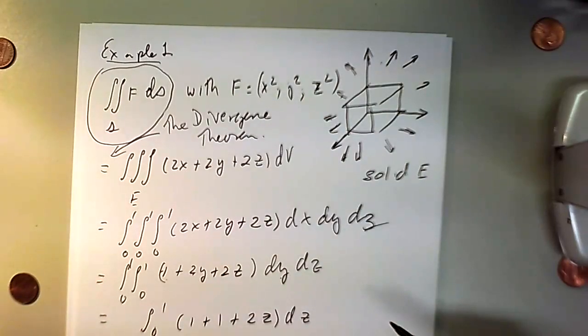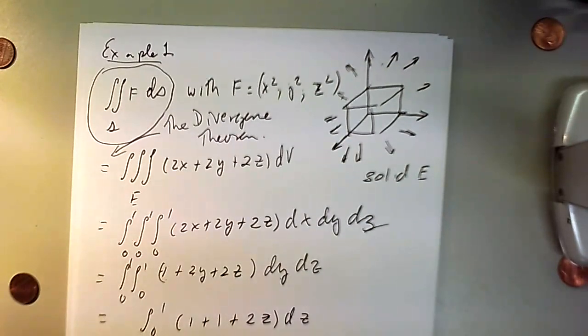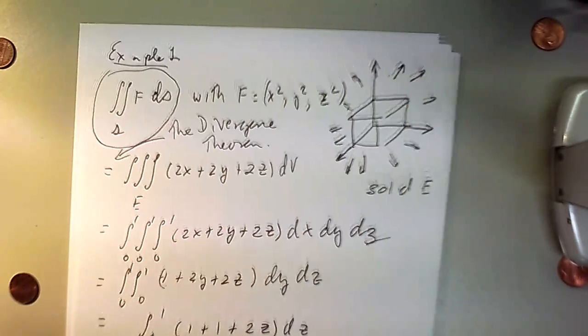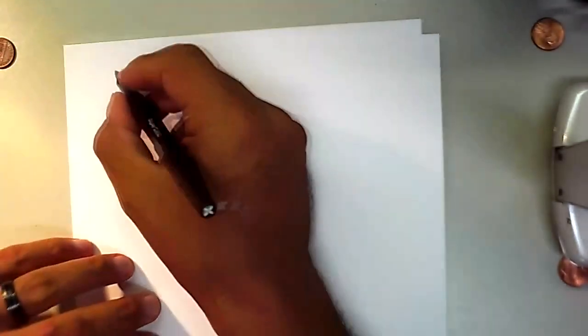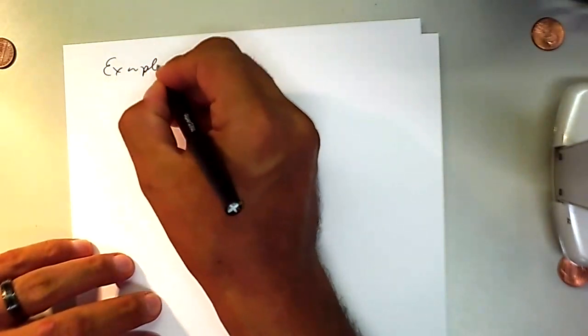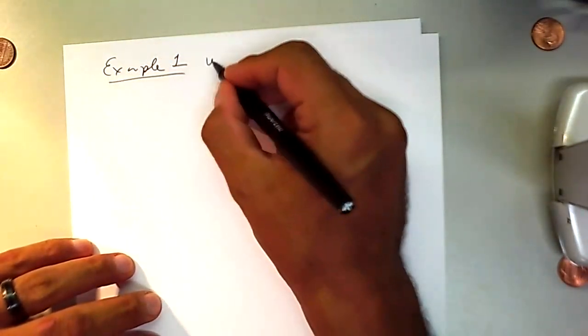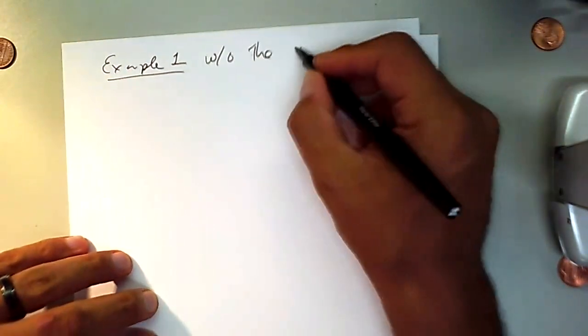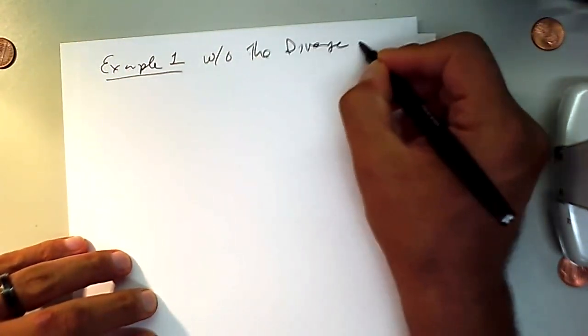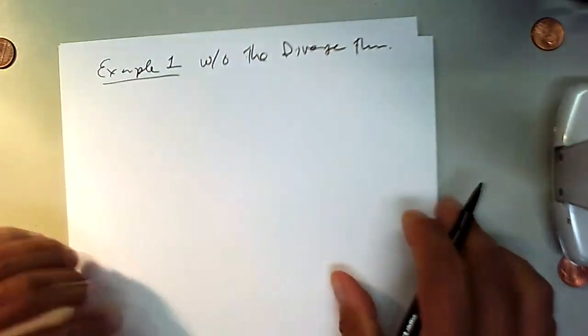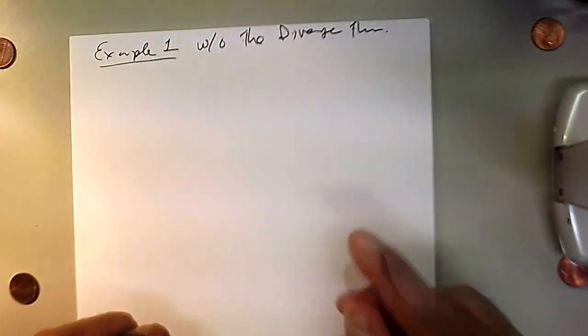And Green's theorem, well, then I have to think about what we would call Green's theorem. But anyway, this is page 2. Let's do example 1 again, without the divergence theorem. All right, so that's going to be a little bit of work.